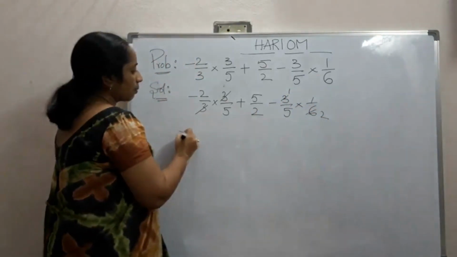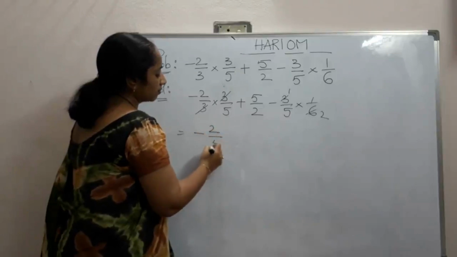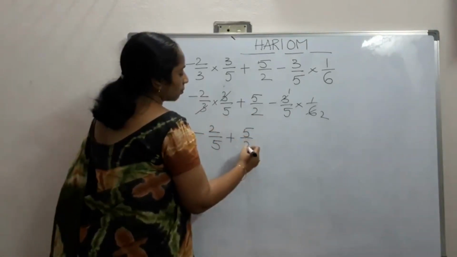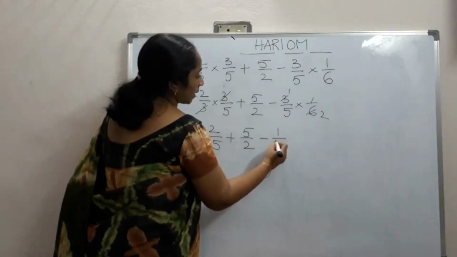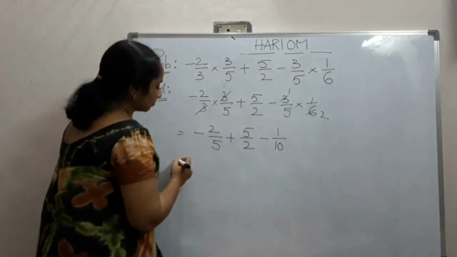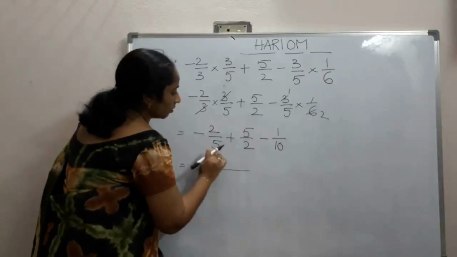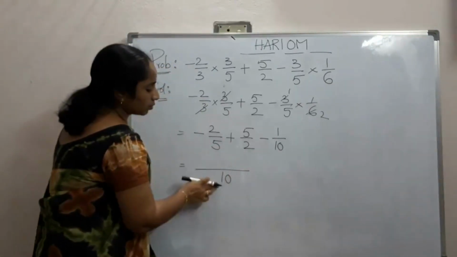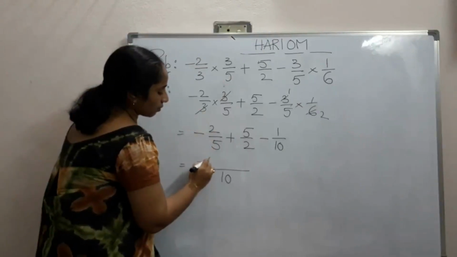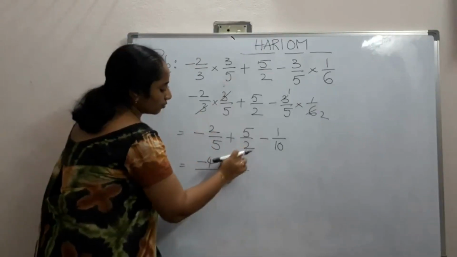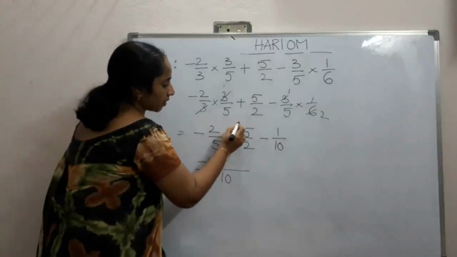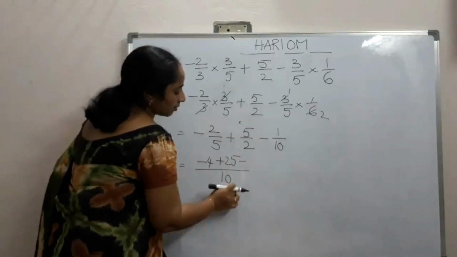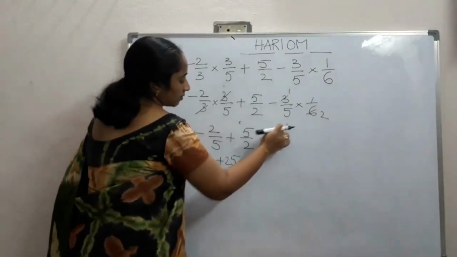Now it is minus 2 by 5 plus 5 by 2 minus 1 by 10. Now the LCM of 5, 2 and 10 is 10. 5 twos, 2 fives, 4 minus 4. 2 fives are 10, 5 into 5 is 25, minus 10 ones are 1 ones.